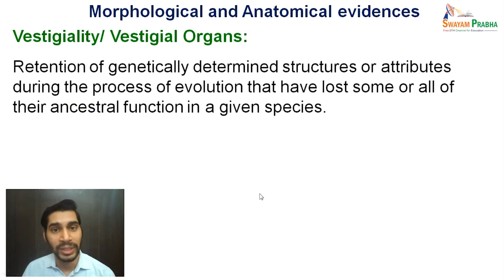In simple words, in a given species, structures are still retained which used to perform some functions in their ancestral forms, but in today's time they do not have any functional role, though the structure is present. These are called vestigial organs.